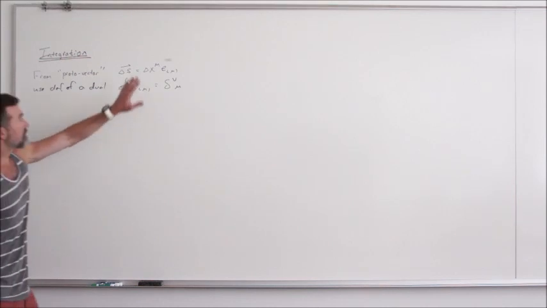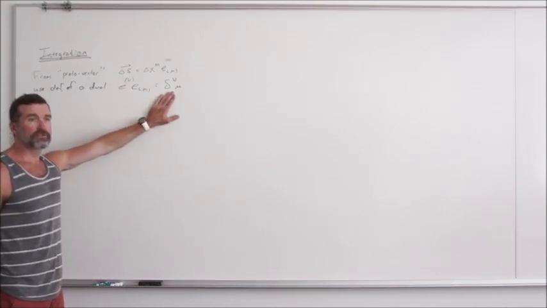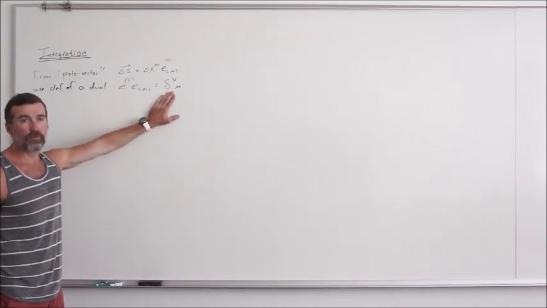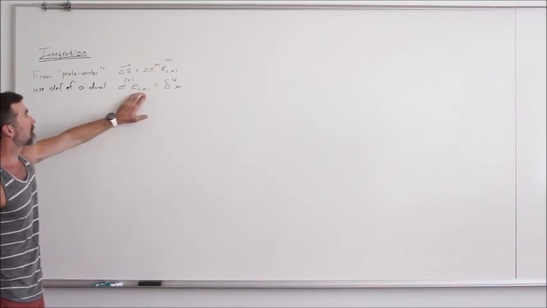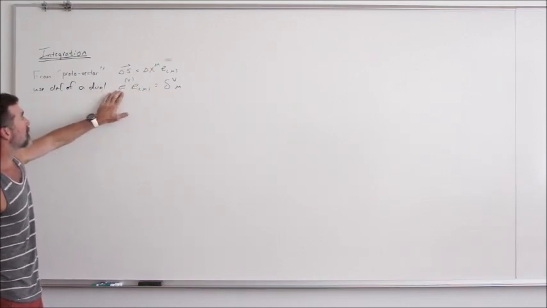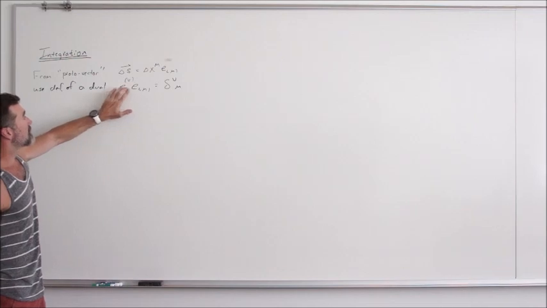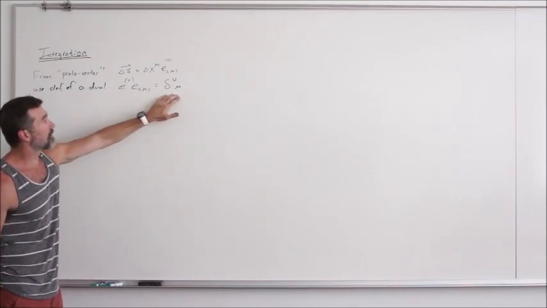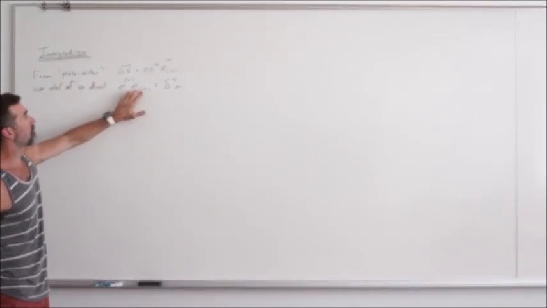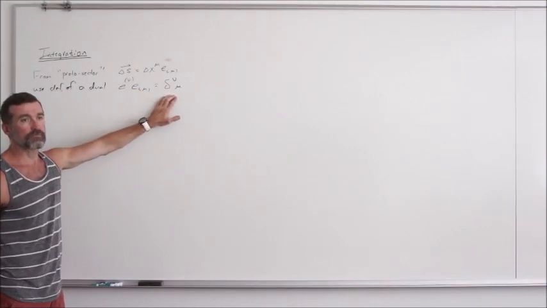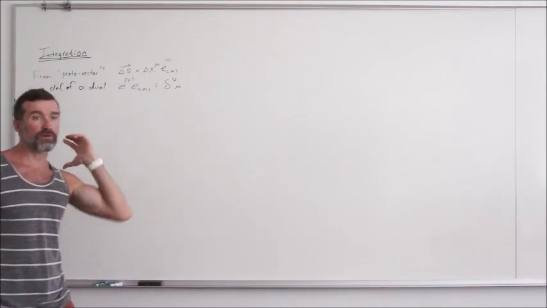So what we find is this is a number. It's 0 or 1, depending on whether mu and nu are the same or not. And this is a vector. So what we find is that a dual basis vector is taking a vector and returning a number. So dual vectors are maps from vectors into the numbers. Okay, that's a way to read this, and that's the way we define dual vectors.